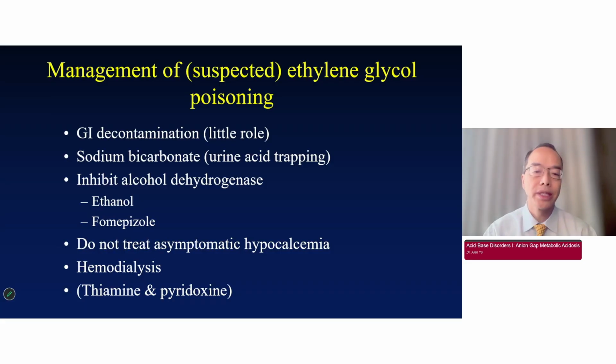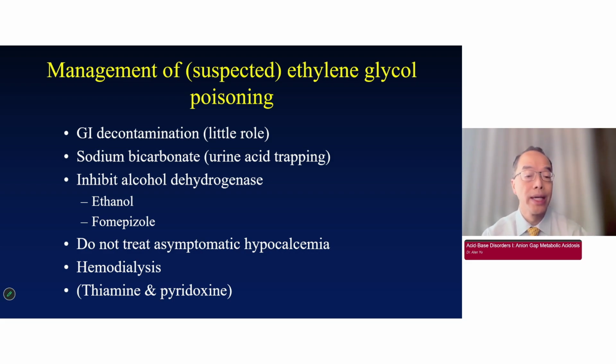The treatment, GI decontamination has very little role in this. Sodium bicarbonate can have some role in trapping these acid anions in the urine, but as I said, the most important and first step is to inhibit the alcohol dehydrogenase and prevent further generation of these toxic metabolites.